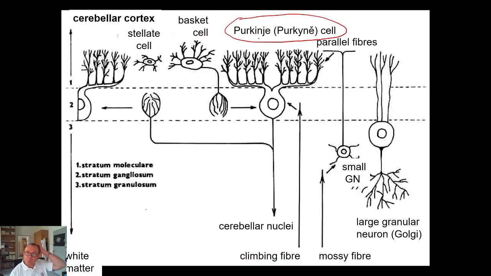I will start with Purkinje cells. Purkinje cells, although situated in the middle layer, the stratum gangliosum, are so big that they in fact occupy all 3 layers. They have dendrites, which are oriented peripherally, and so they are situated in the molecular layer.